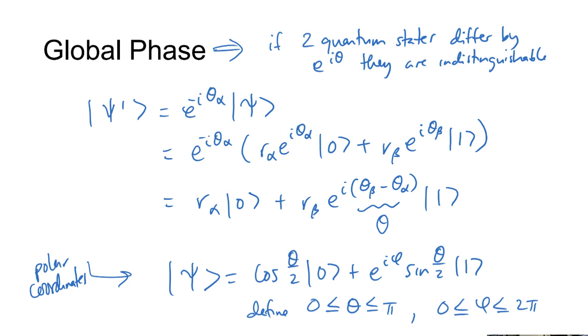That gets us to psi equals cosine theta over 2 times 0 plus e to the i phi sine theta over 2 times 1.